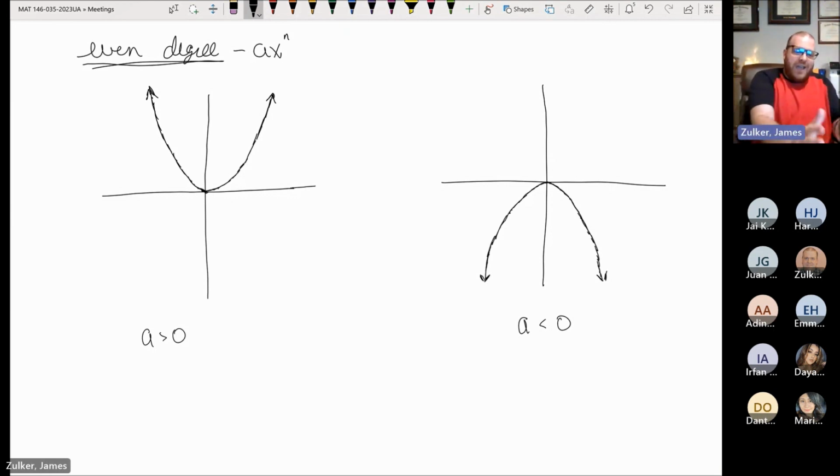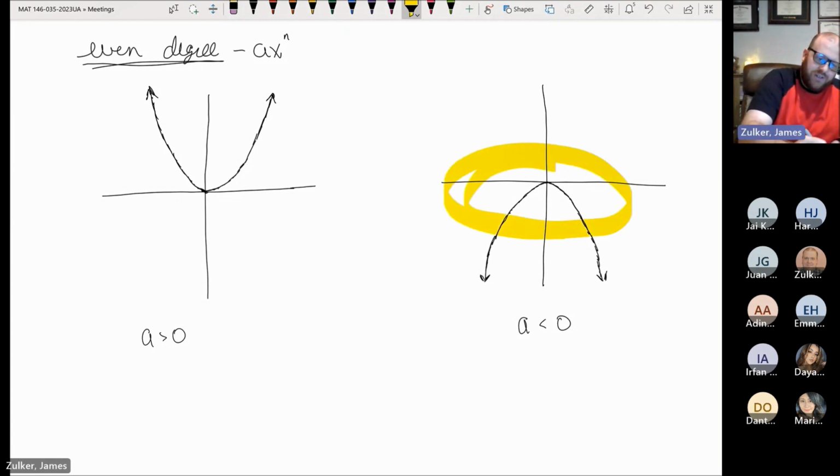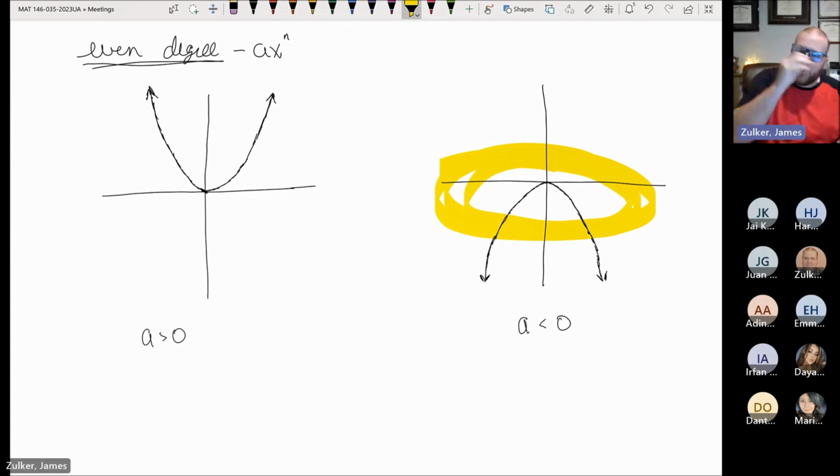By the way, what I drew was quadratic, ax squared, specifically just x squared. Every even power has the same general shape. I'll show this on a math program. What all that changes is basically this region. It flattens out for higher powers. But the shape itself is the same general shape.